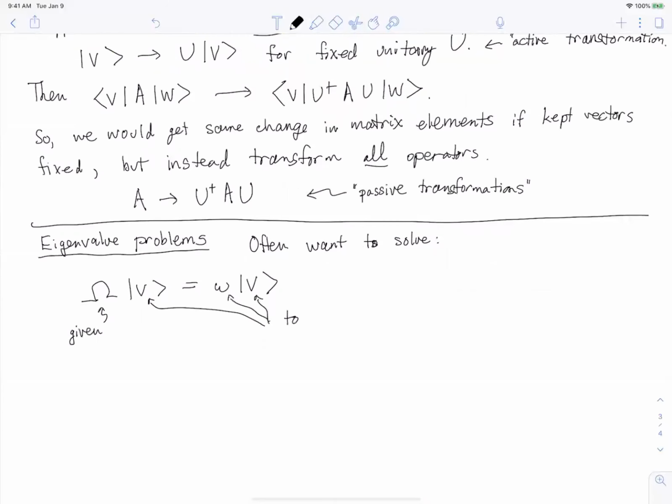So to be solved for is v, which is supposed to be non-null. If it was null, that would be too easy. Then it would automatically work. A non-null eigenvector, which I'm writing as e vector or e ket, and little omega is the corresponding eigenvalue or e value, which is a number.